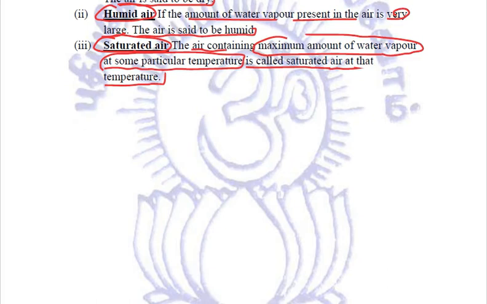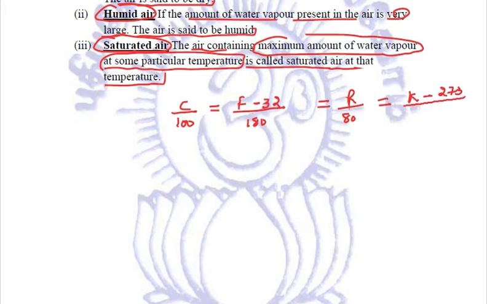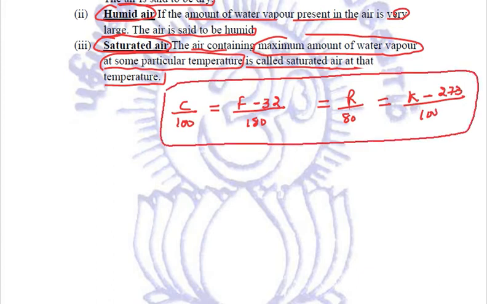We specified the relation as Celsius temperature C by 100 is equal to F, the Fahrenheit scale value, minus 32 upon 180, right? And this is also equal to temperature on Reaumur scale by 80, and in case of Kelvin scale it is Kelvin minus 273 divided by 100. So this is what you need to remember.